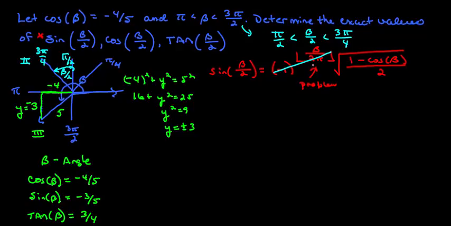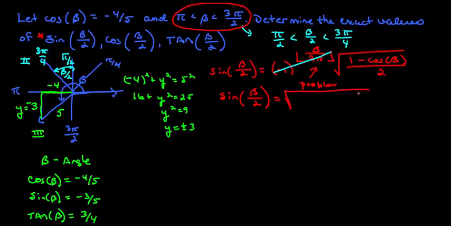So I don't know this angle, but I can get a pretty good idea of where it's at by using this restriction. So let's complete this. Sine of beta over 2 is equal to the square root of 1 minus the cosine of beta, which is negative 4/5, divided by 2.